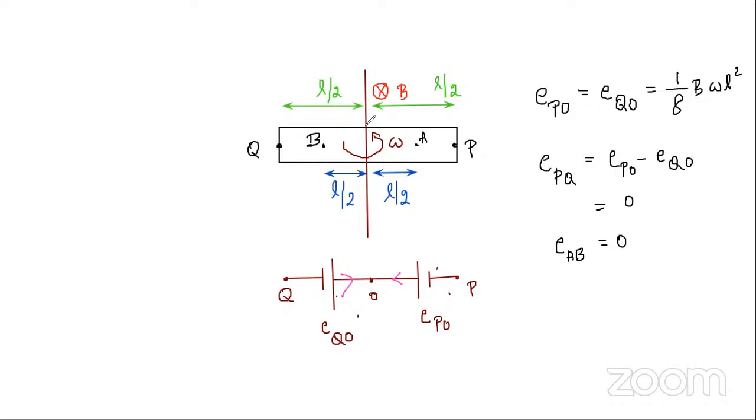And now we are moving on to our next concept, that is rotation of a coil in a uniform magnetic field.